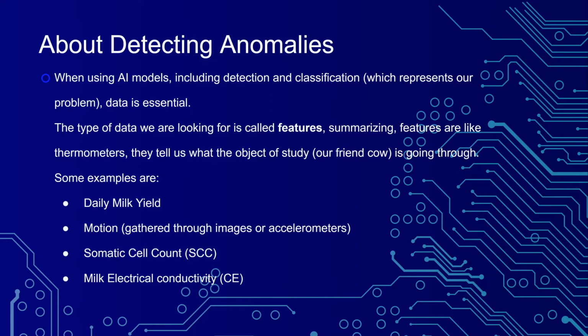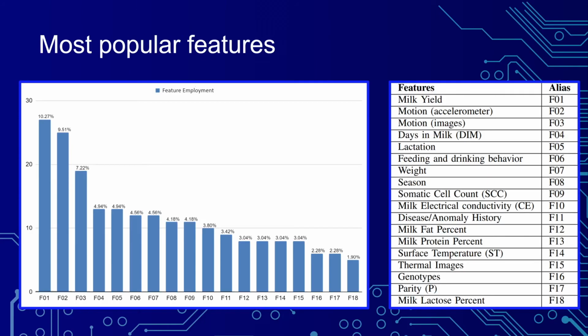The main thing about those features is that they are important to characterize one kind of anomaly. They will tell us if you use certain features, it will be better than using other ones, but we'll see that later. So we discussed earlier some examples of features. What we had in all those articles that we gathered are mucus, motion accelerometer, and motion images.